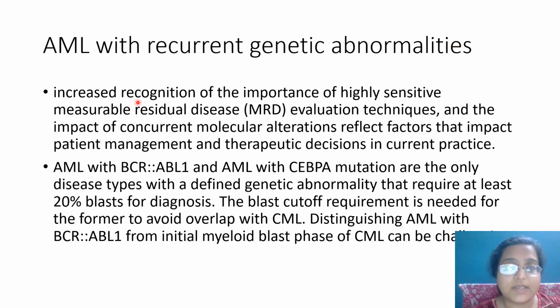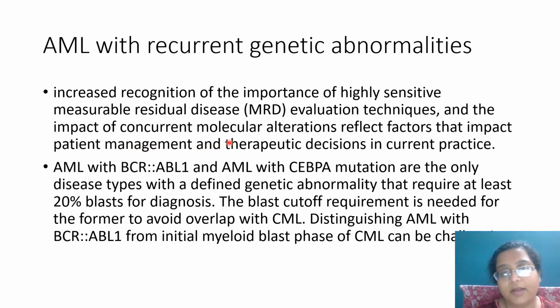So in those cases, we either go for very, very sensitive techniques to actually detect the MRD, or be very, very cautious. If there's an AML with recurrent genetic abnormality where you're not getting an MRD or morphologically appearing in remission, you have to think twice, assess clinically, and then go ahead.